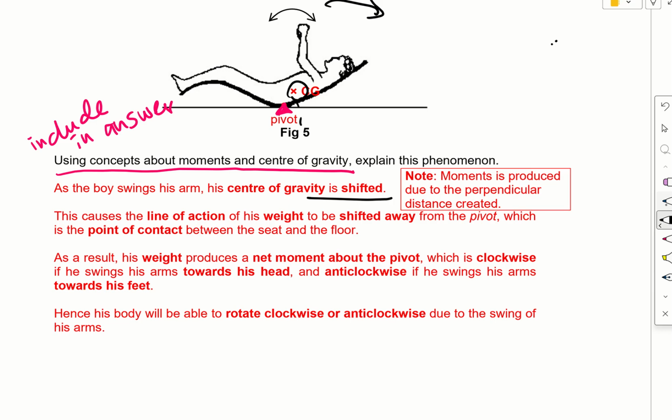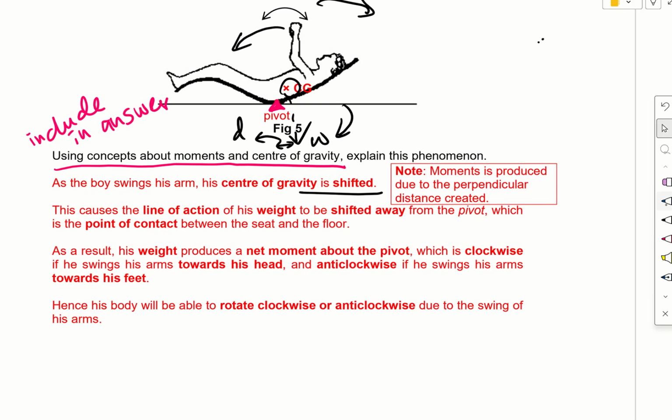So now there is actually a perpendicular distance between the line of action of his weight and the pivot. So this is the perpendicular distance. So he will then swing clockwise. But if he wants to swing backwards, he wants the thing to rotate in the anti-clockwise direction, he will then swing his hands down so as to shift the CG.